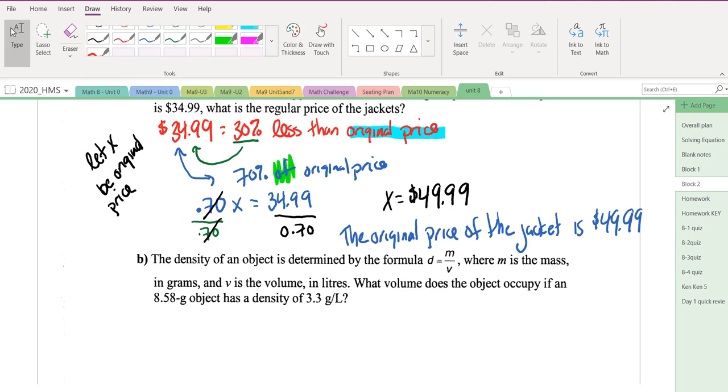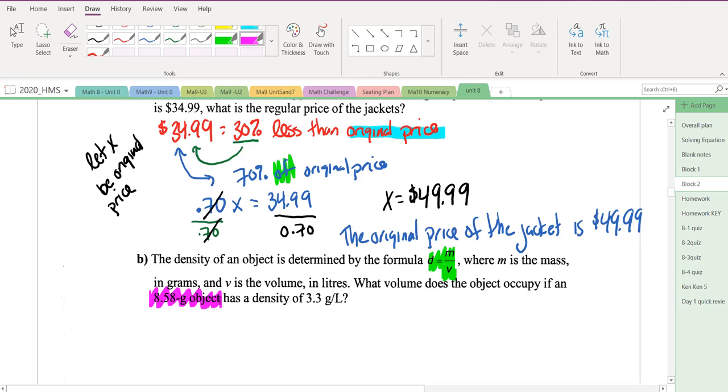So the next one says the density of an object is given by this formula, right? Where the D stands for density, M stands for mass, and the V stands for the volume. And the mass is measured in grams, and the volume is measured in liters. Okay. What volume does the object occupy? If a 8.58 gram object, so they give us some numbers here. 8.58 gram object.